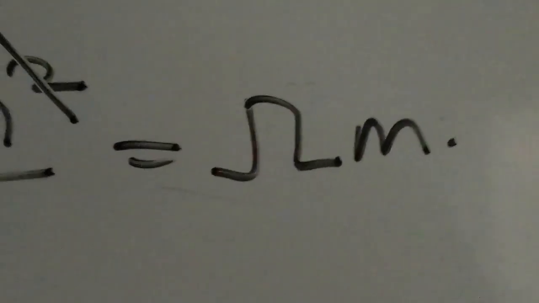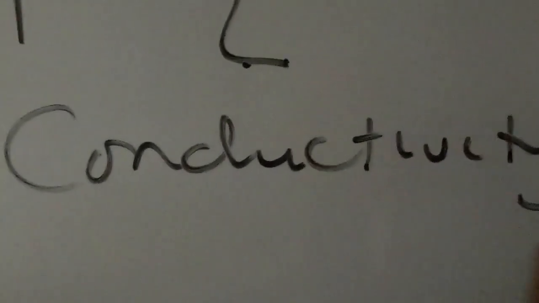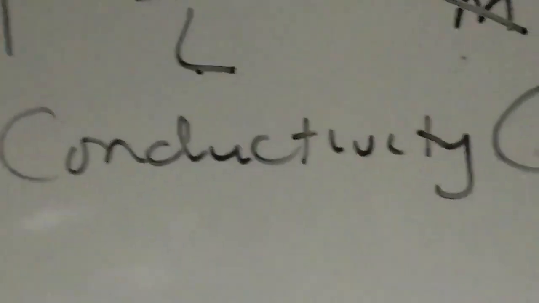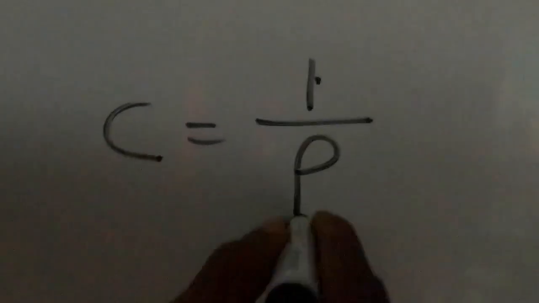Another term we encounter in physics is called conductivity. So what is conductivity in physics? Which I can represent using C. Conductivity is the reciprocal of resistivity. Conductivity, I say again, is the reciprocal of resistivity. That means conductivity is given by 1 over resistivity.